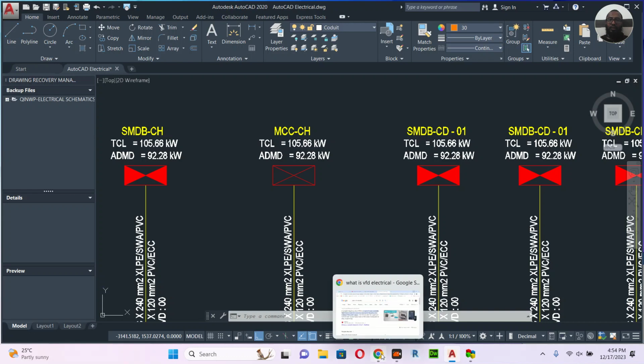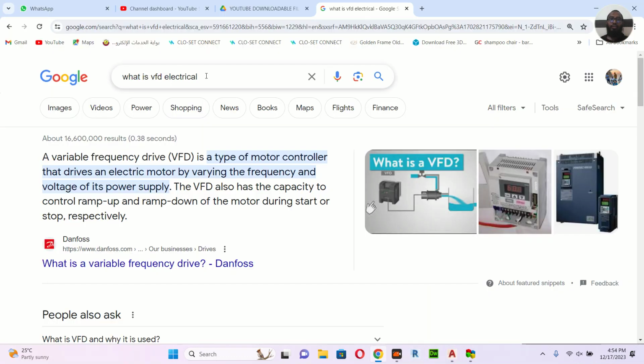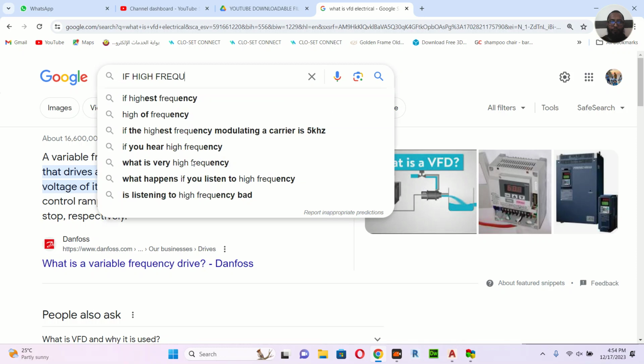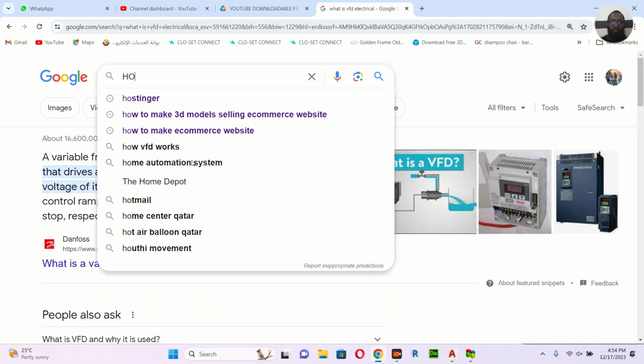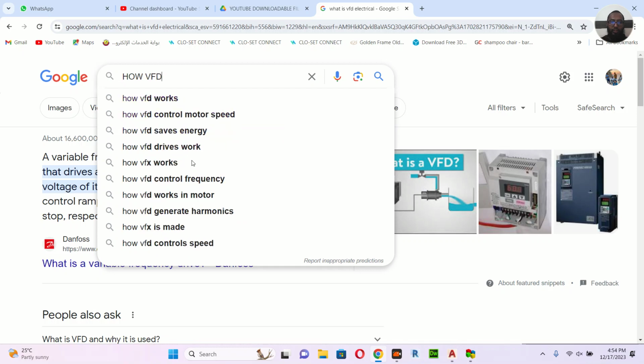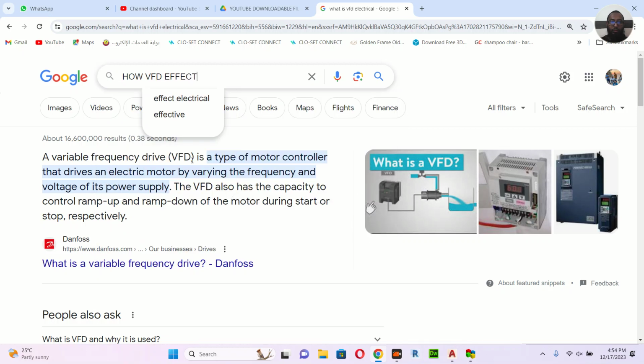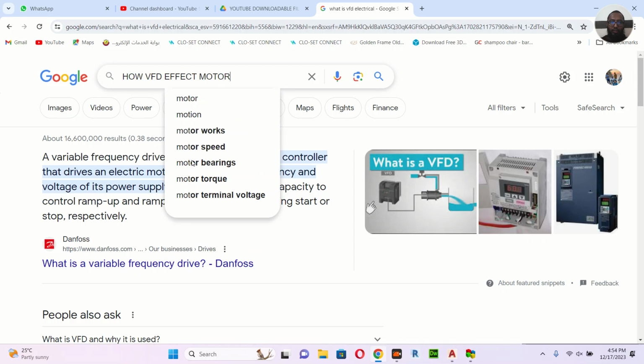And let's ask Mr. Google how a VFD affects motor speed.